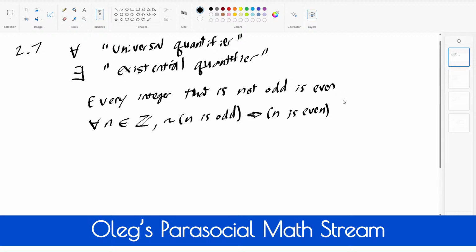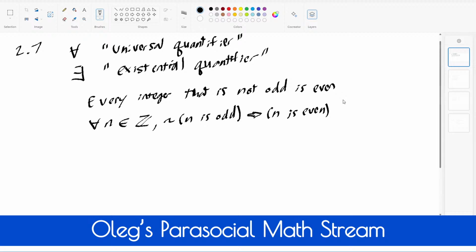So we have the universal quantifier, all natural, or I shouldn't say that. Okay. All n numbers that are part of the integer set that are not odd is even.